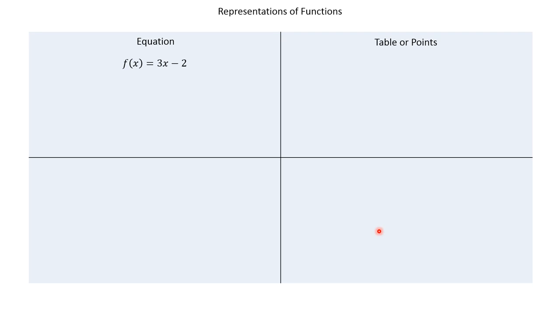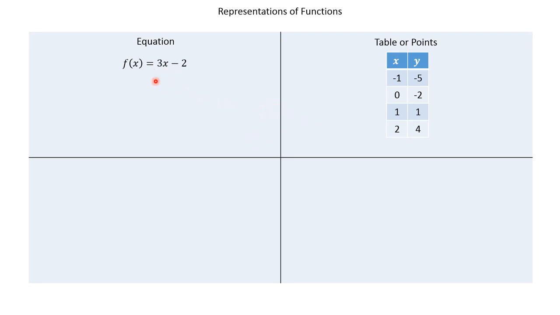If we were going to create a table for this equation, we'd just pick some x values, plug them in, and get y values. For -1, you get -5, 0 is -2, 1 is 1, and 2 is 4. And so this is a way that we could show what we mean by our function.